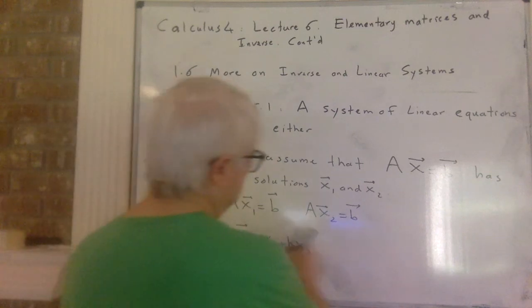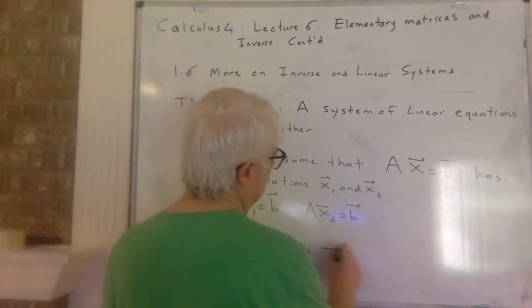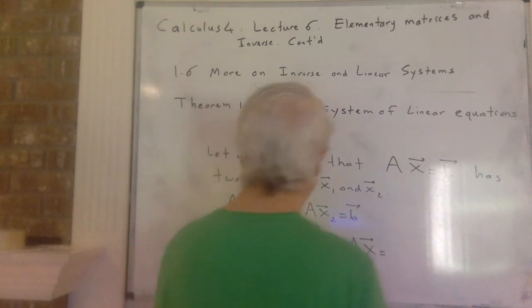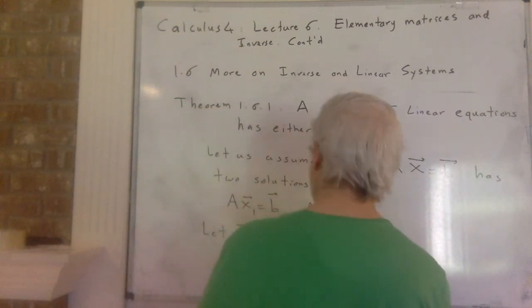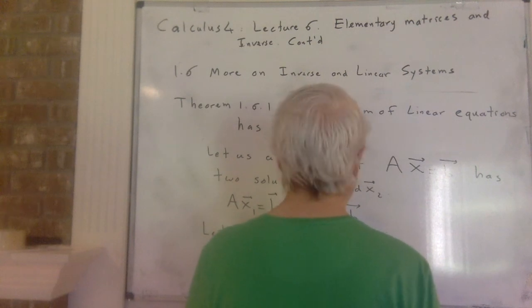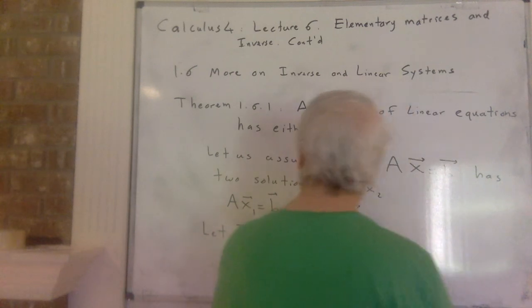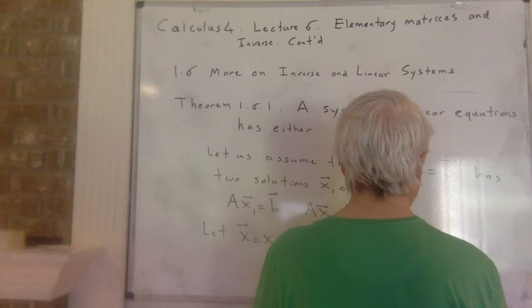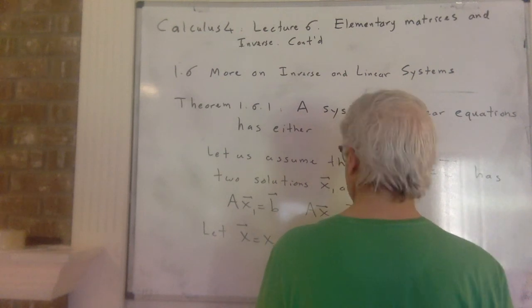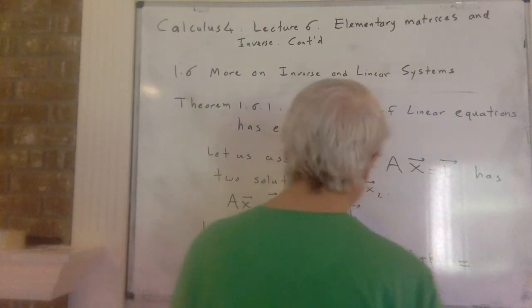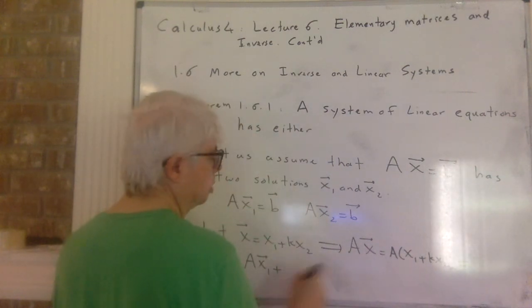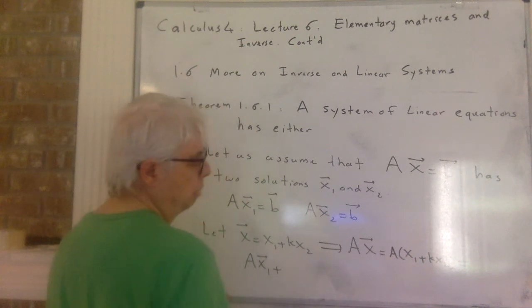So what happens? Let's apply A to x and see. It is A times x1 plus k x2, and this is A x1 plus k A x2, because this is a matrix multiplication.